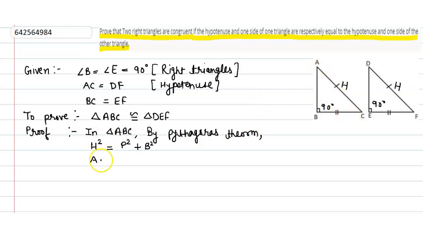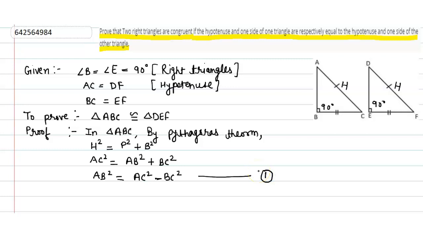So AC square will be equal to, the perpendicular is AB square plus BC square. And we have to prove that AB is equal to DE. So from here, we will find out the value of AB. AB square will be equal to AC square minus BC square. Let us name it equation 1.